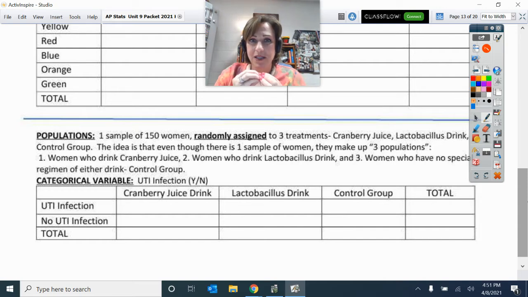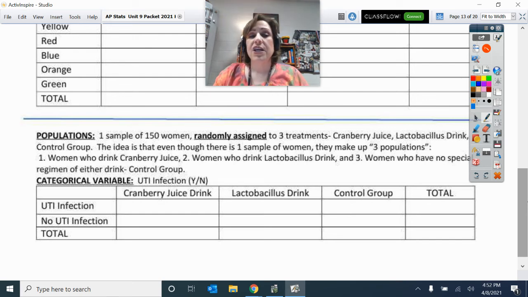What happened was it was one sample of 150 women. So I was thinking, oh, one sample, but they were randomly assigned to three treatments. They took that random selection of people, but then they randomly assigned them. So they're making essentially three different treatment groups, three different populations: the population of women who drink cranberry juice, the population of women who drink this lactobacillus drink, and the population of women who drink whatever mixture of drinks they typically have.